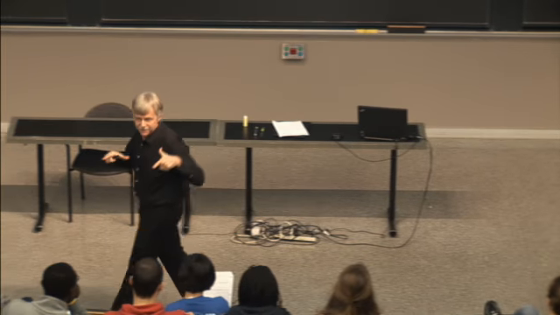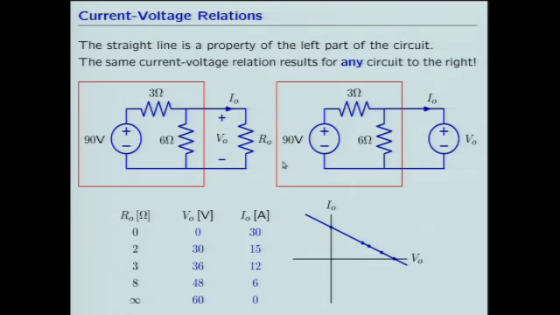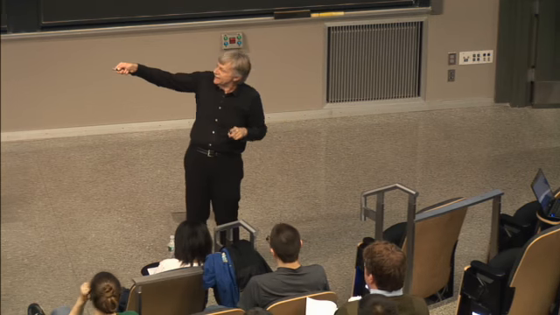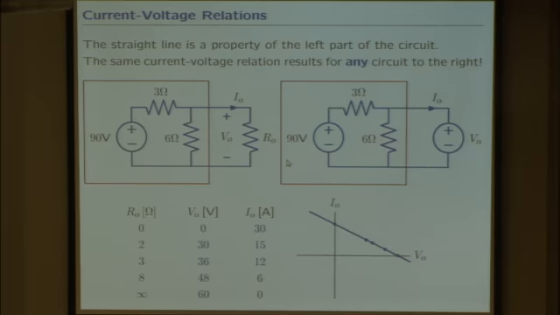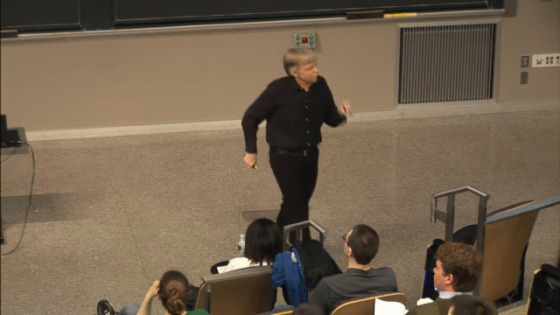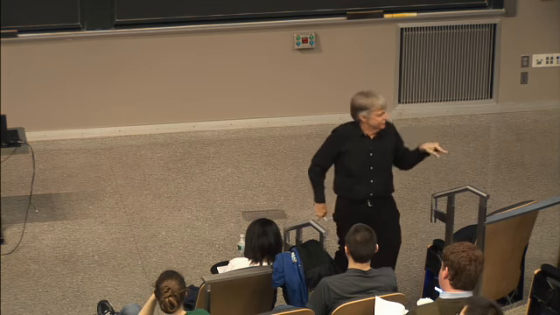So that's what I'm trying to develop, a way to exploit the pattern that results when parts of circuits interact. The interesting thing is not only that there's a simple pattern, but that the pattern is completely independent of the thing that I put on the right. The pattern is a property of the circuit to the left.